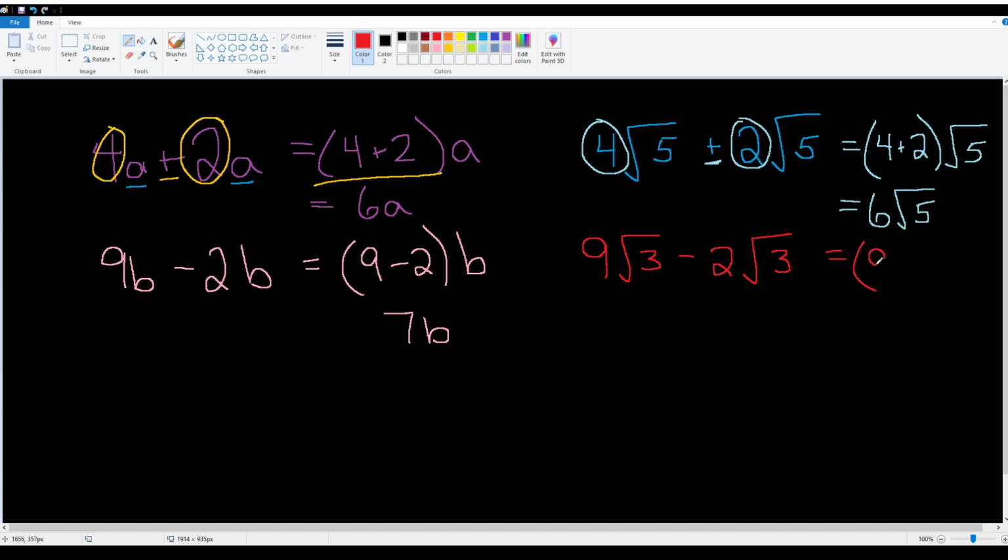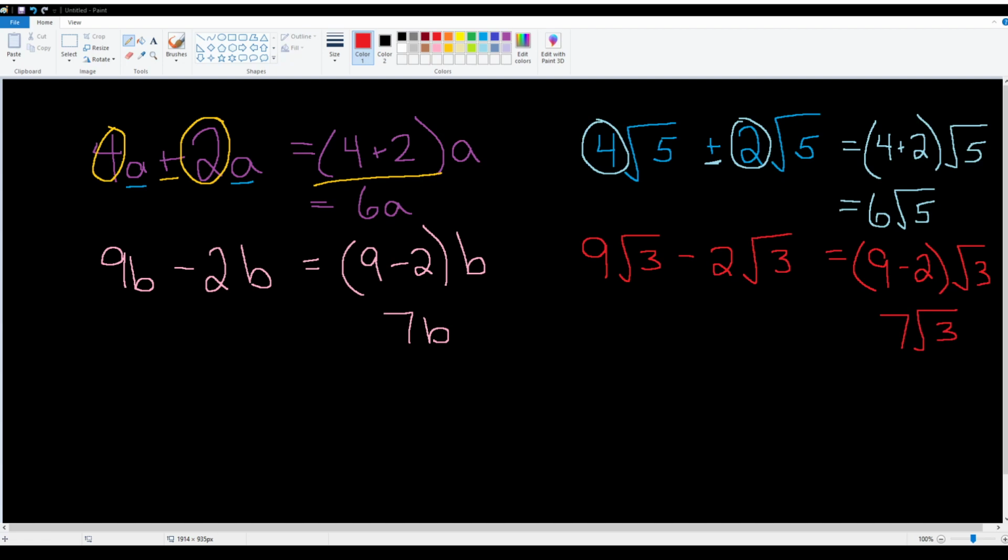So this is going to end up being 9 minus 2, and then just put the radical 3 at the end. So this is going to end up being 7 radical 3.